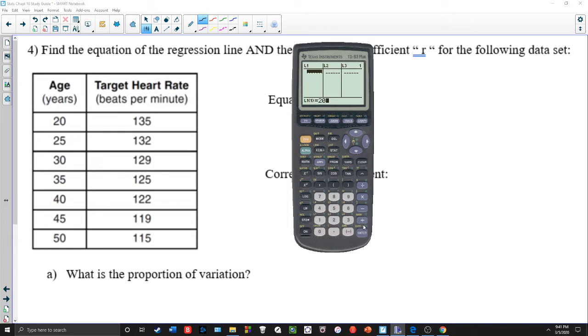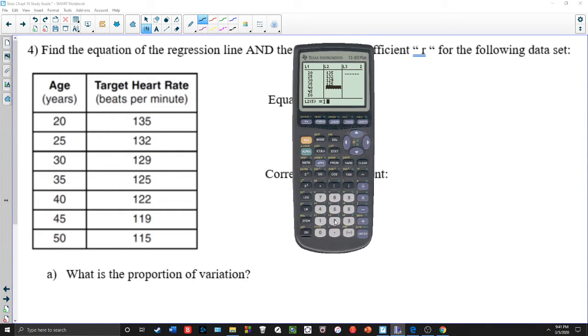So 20, 25, 30. Depending on who you are, this can be kind of therapeutic, entering in data. 45, 50, then we go over. 135, 132, 129, 125, 122, 119, and 115.